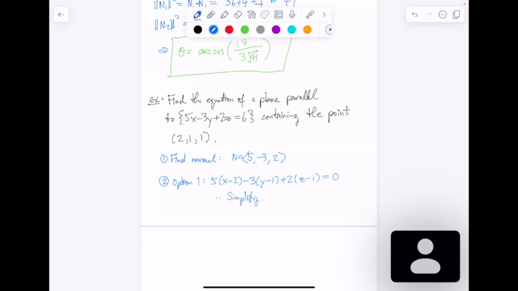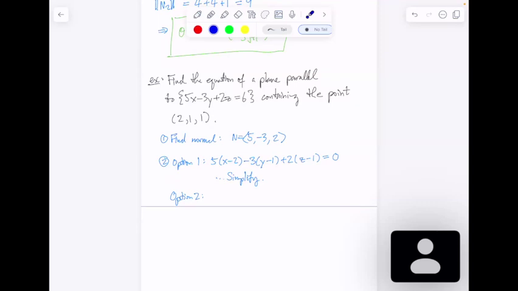But there's also a different method, which is your plane equation has to be of the following form. Because you have a normal vector (5, -3, 2), it has to be 5x minus 3y plus 2z is equal to some constant d, right? And you also know that the point (2, 1, 1) must satisfy this equation because it has to lie on your plane.